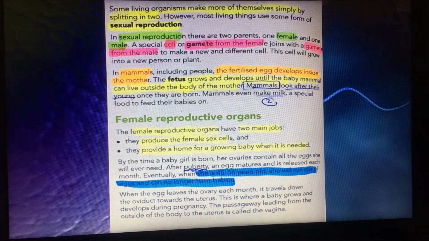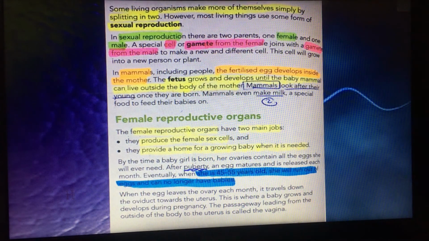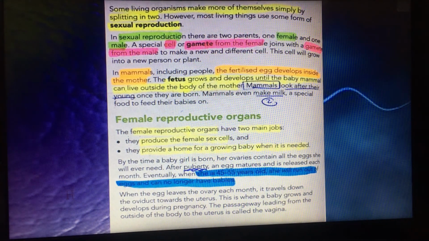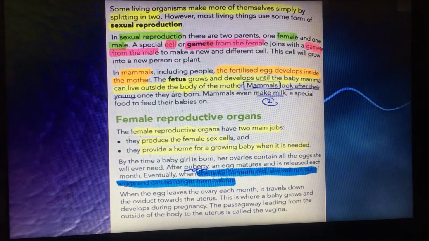But when this girl reaches an age between 45 and 55 years old, she will run out of eggs. So inside her ovary there will be no eggs. After this age, she cannot have babies.